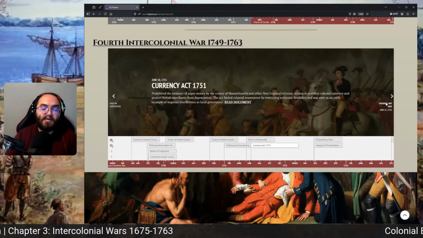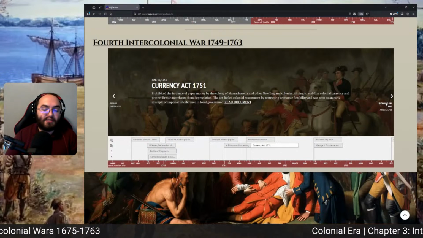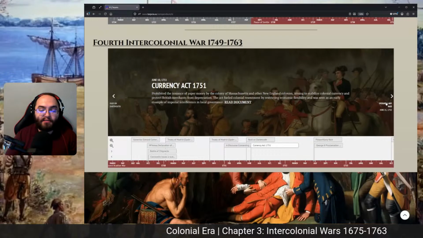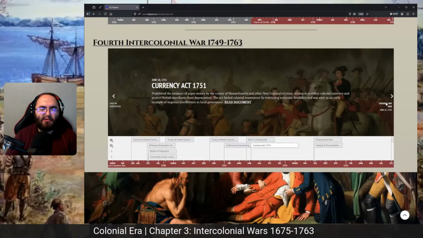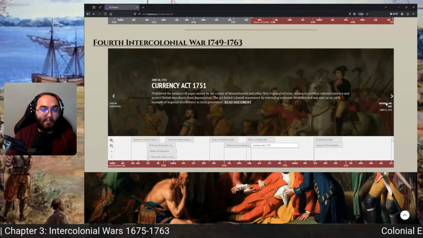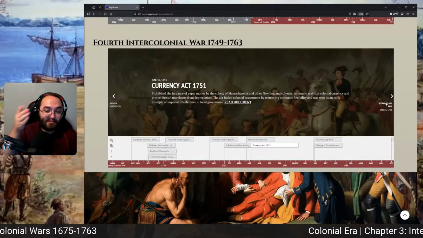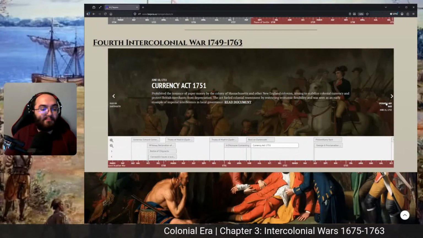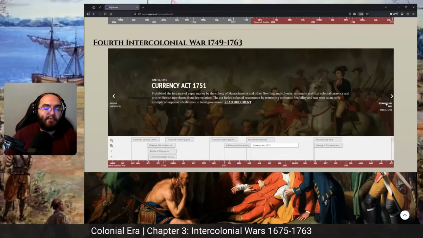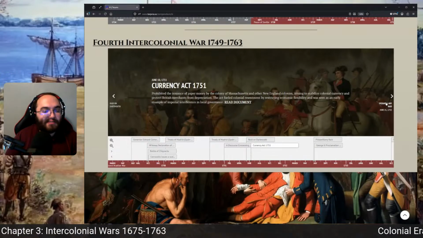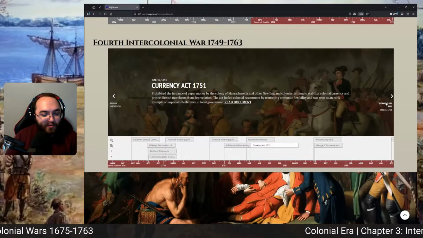Again, this is yet another example of the idea of salutary neglect not really being a real thing. Salutary neglect is a contemporary term used by members of Parliament just shortly after this time period, and I don't really think that it's a real thing.